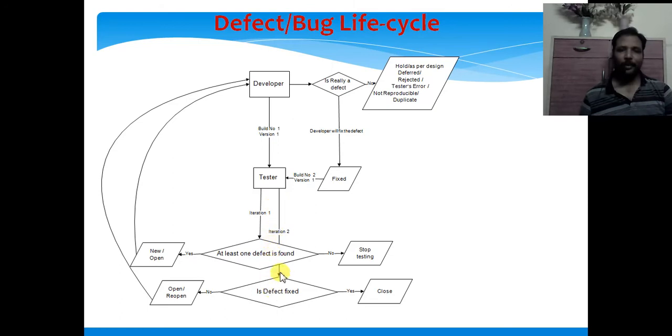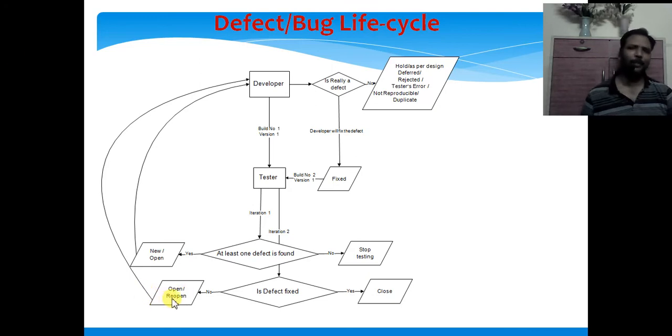Then what the tester has to do in retesting is check whether the defects have been fixed or not. Okay, if the defect has been fixed, then he will change the status to close. If the defect is not fixed, then what happens? Again, he has to write it as reopen.